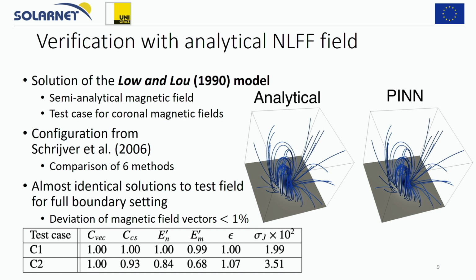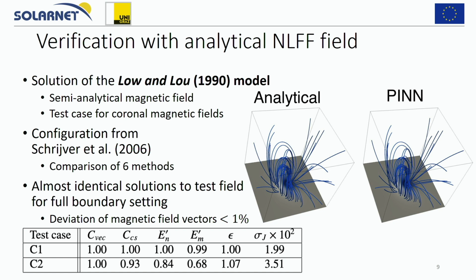So specifically, we used the configuration from Schreiber et al., where they compared 6 individual methods. And what we found is that we achieve almost identical solutions to the analytical magnetic field. And you can see this down here. We have the C1 case, basically, where the primary difference is that we have all boundary conditions available.